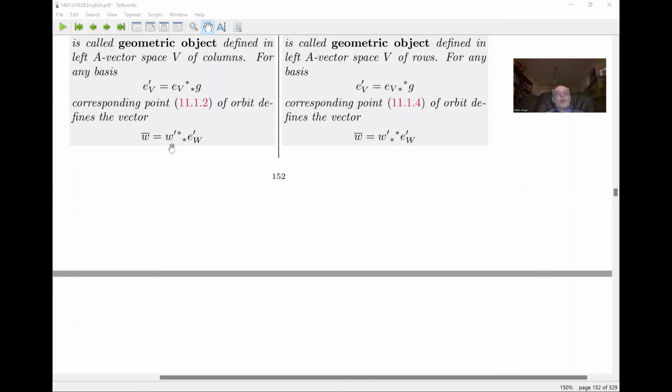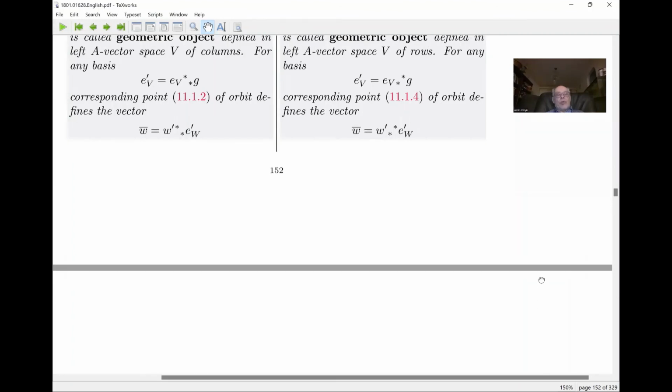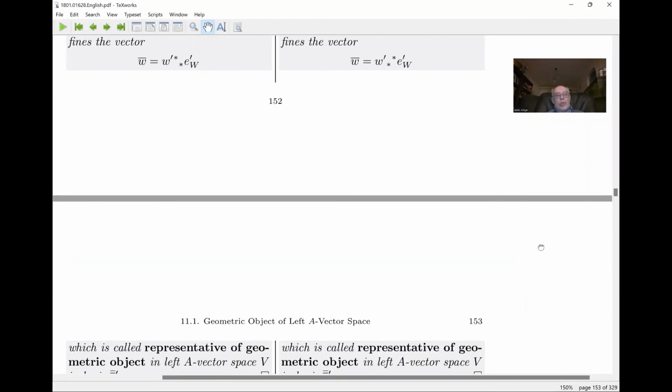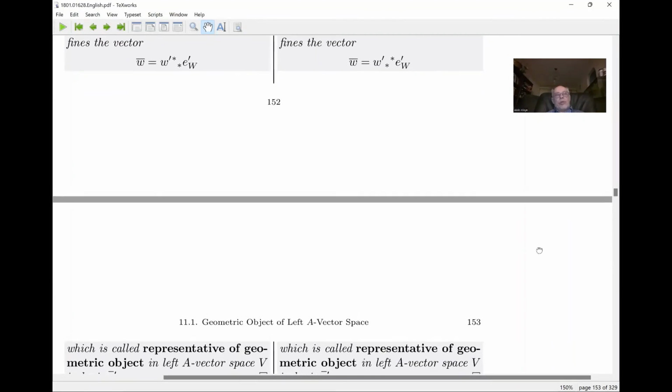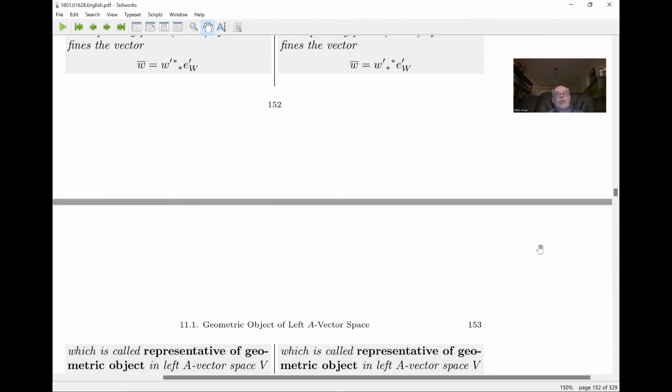Matrix W is called coordinate matrix of geometric object with respect to the basis EV, and vector W is called representative of geometric object in left a vector space V. The covariance principle states that representative of geometrical object does not depend on the choice of the basis EV.